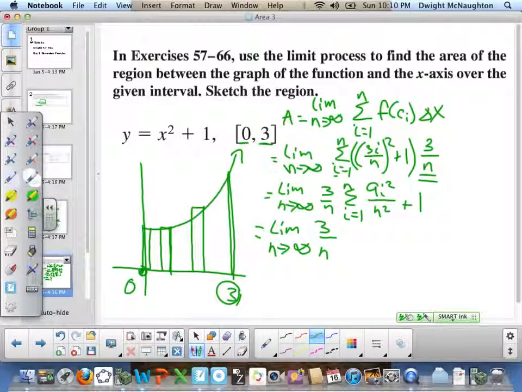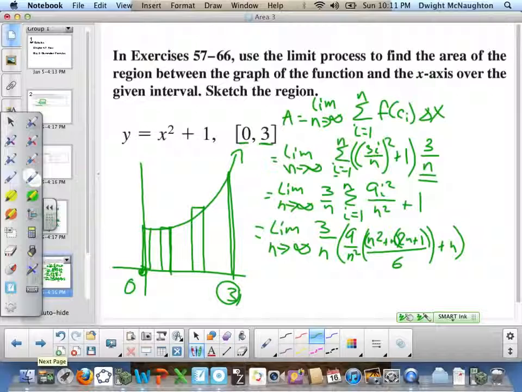As we continue, the summation for i squared, the 9 over n squared is going to stay. The summation for i squared is n times n plus 1 times 2n plus 1, over 6. You should have that formula down. I'm going to distribute a little bit, so we'll have n squared plus n times 2n plus 1 over 6. And then the summation for 1 is just 1 times n.